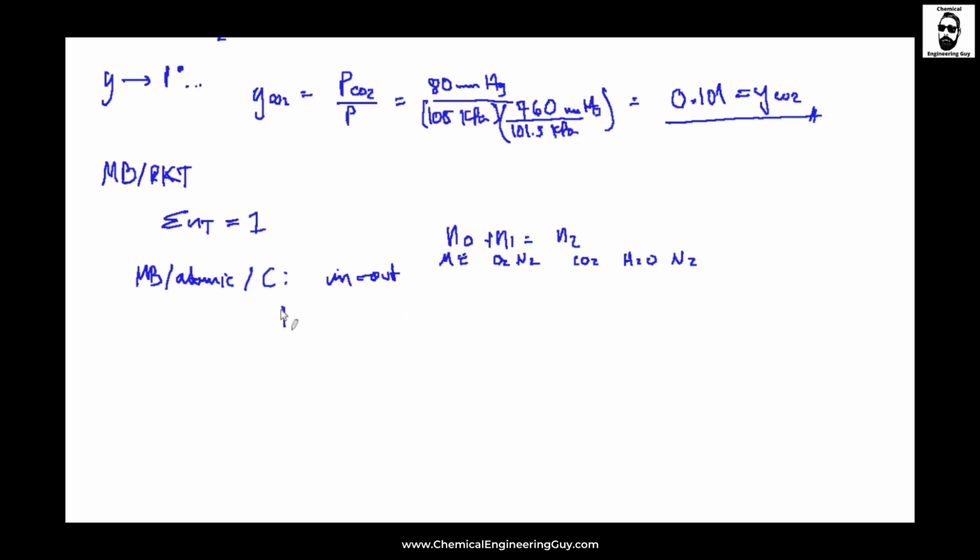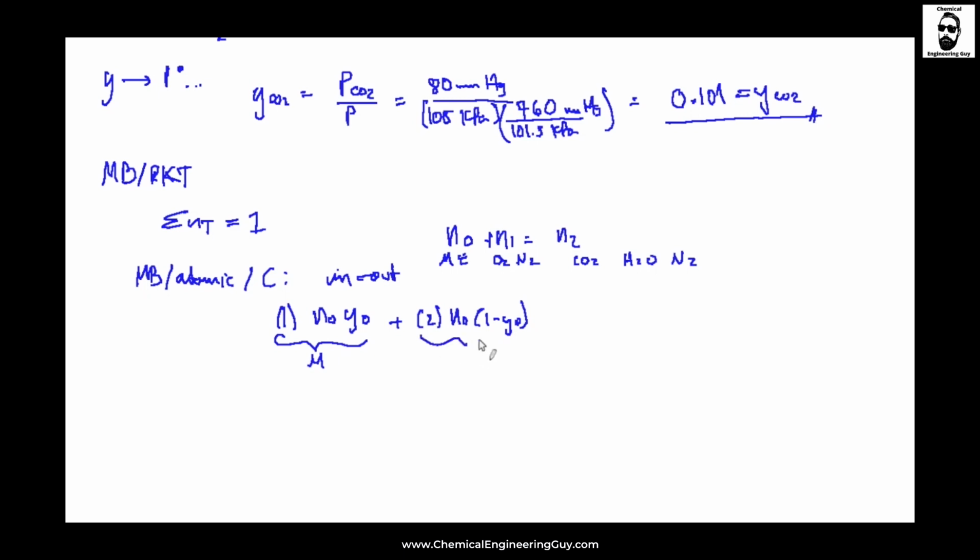So we have 1 mole of carbon in the amount of moles of methane. So it's N0 times Y0. This is the amount of methane, plus the amount of moles in ethane, which is 2 moles of carbon, N0 times 1 minus Y0.